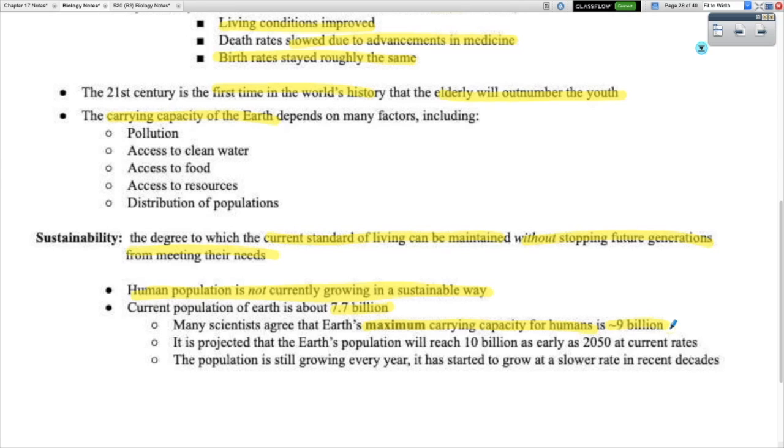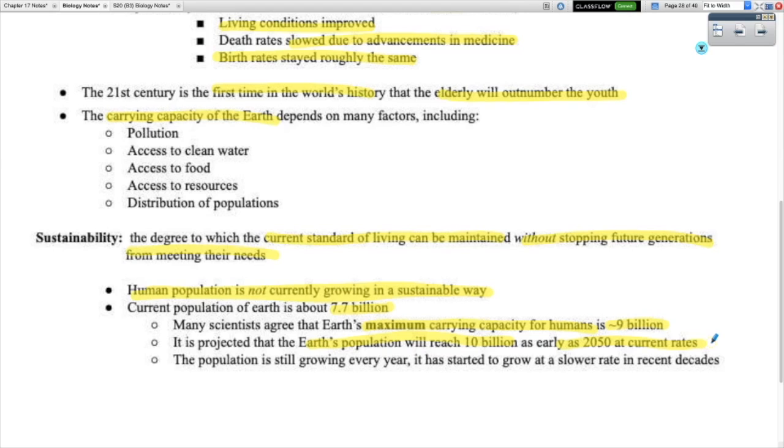It's projected that the Earth's population will reach 10 billion, which is a billion past the carrying capacity, as early as 2050 at the current rate. So if the current rates don't change, then by 2050, we're projected to be a billion beyond the carrying capacity, which means we may not get there. Resources may limit that population growth, or we may get there and then resource limitations might bring us back down.